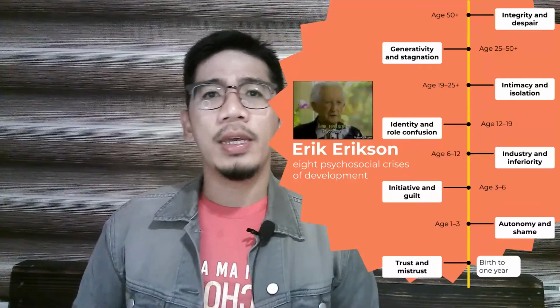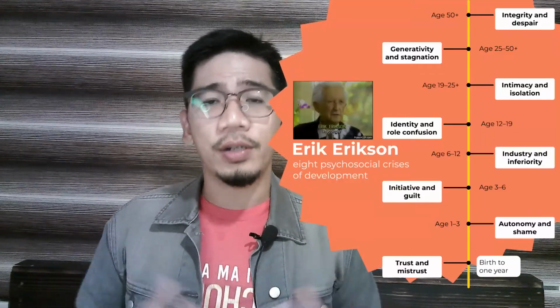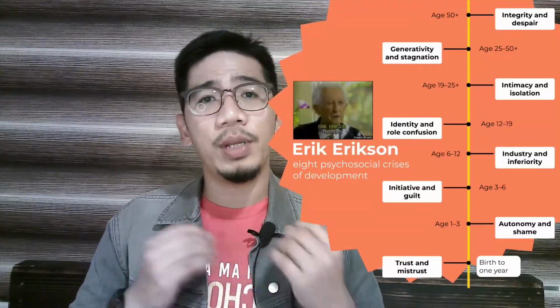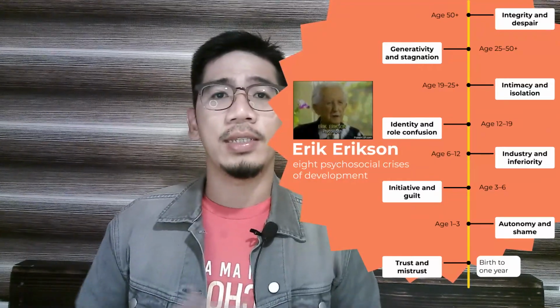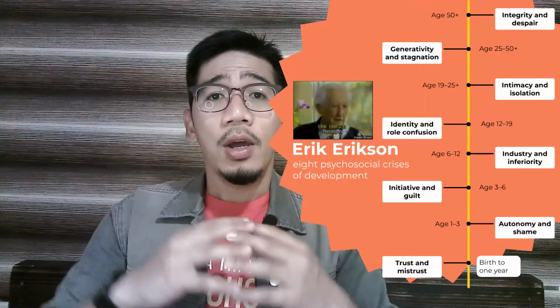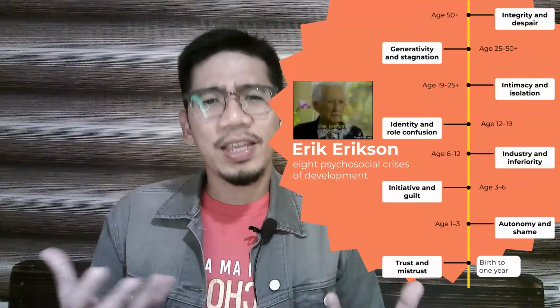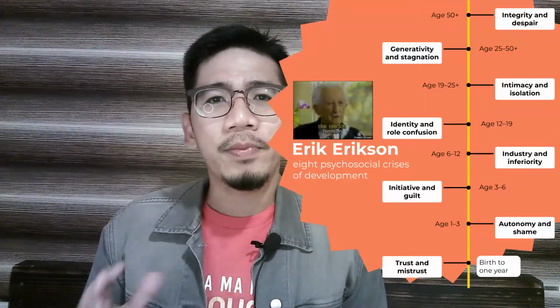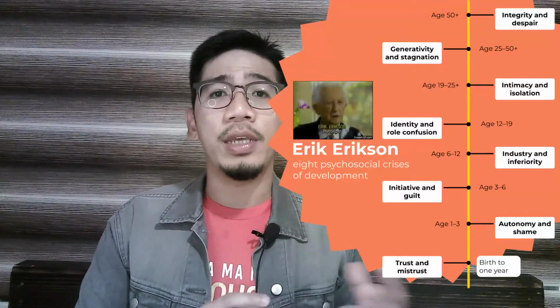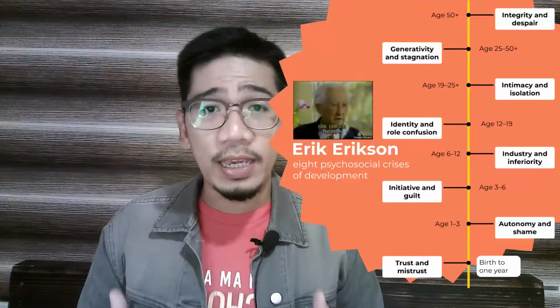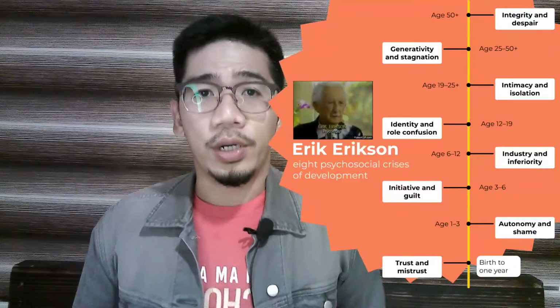So, like Piaget, Erikson developed a theory of social development that relies on stages, except that Erikson thought of stages as a series of psychological, or psychosocial, crises. So, turning points in a person's relationship and feelings about himself or herself.